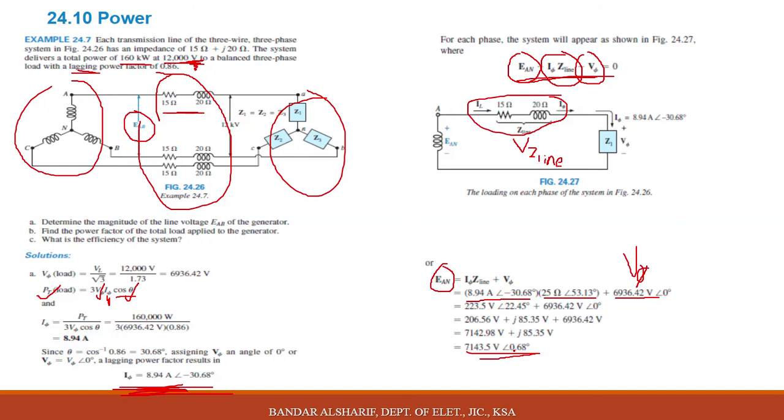Yes, in the book there is some part missing. If you multiply by root 3, you can open page 1110. You multiply by root 3, you will get the value of 12,358.26 for EAB.